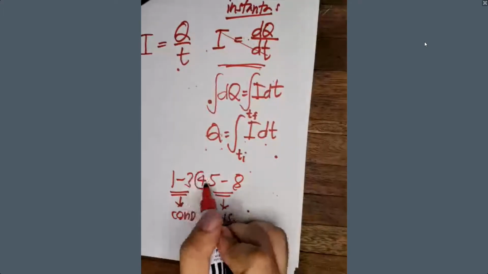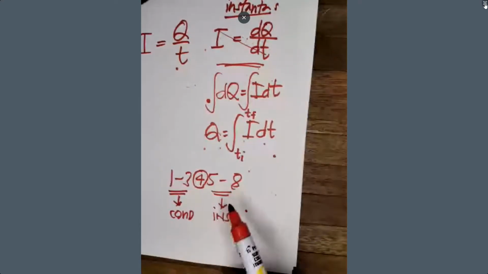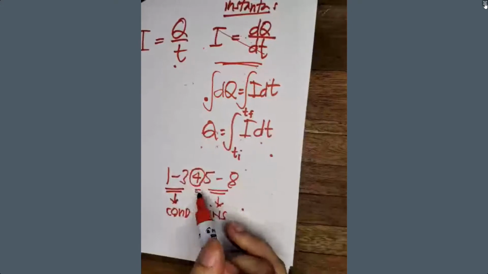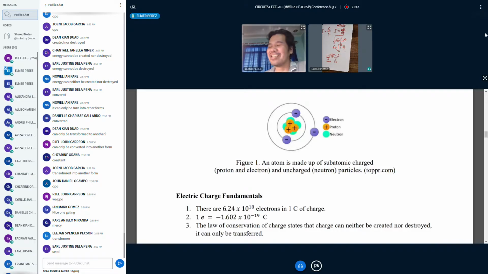Pero pag nasa 4 sila, so parang hindi nila alam kung conductor ba sila or insulator. Ang tawag sa kanila ay semiconductor. So meron kang kailangan gawin na pag-aaralan nyo sa electronics, tinatawag na doping, para it's either mag-conduct sila or mag-insulate sila. So yun yung pag-aaralan sa electronics. And you will not dwell with that in this subject. Kasi pang electronics.